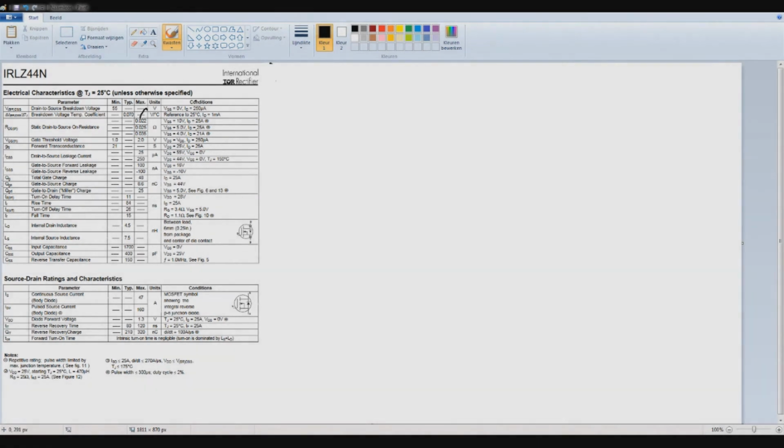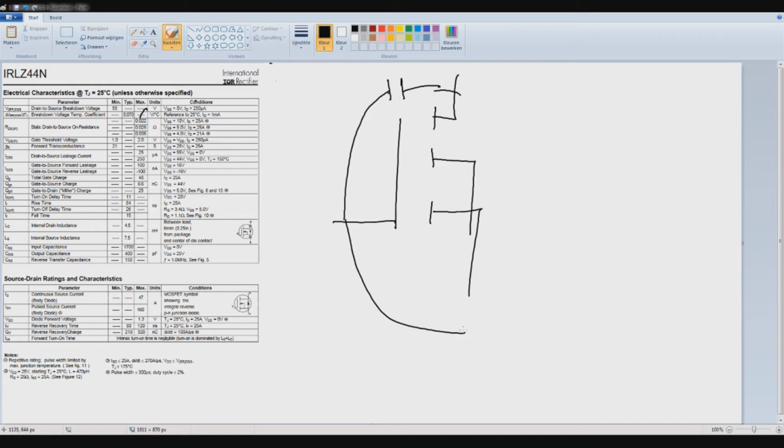So next up is a pretty important part, which is the total gate charge. And as I said before, there is a little bit of capacitance right here. Well, I can just draw it like that.